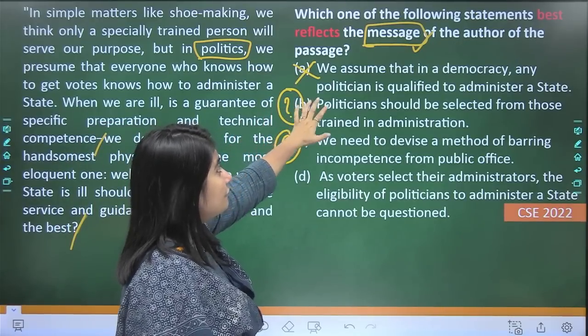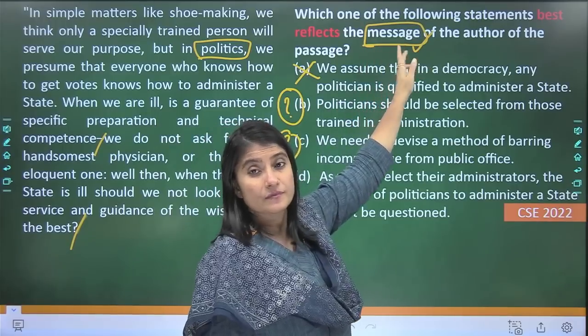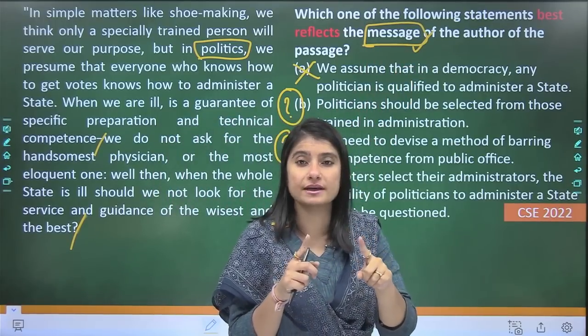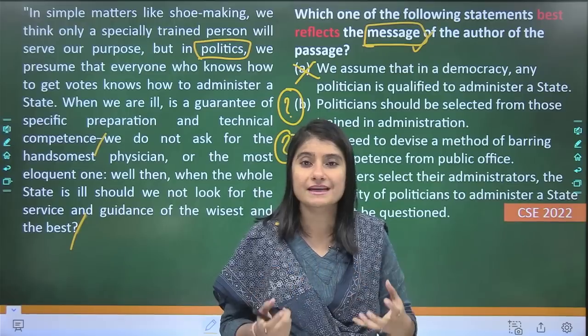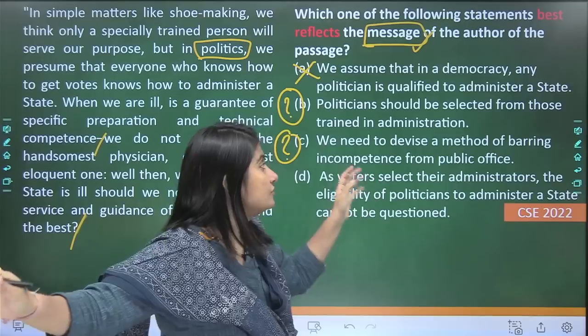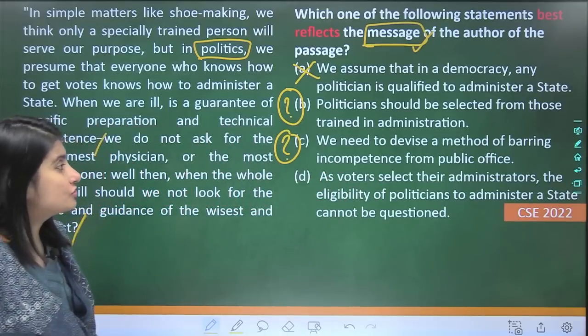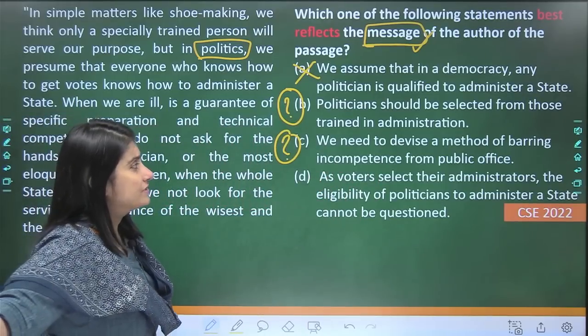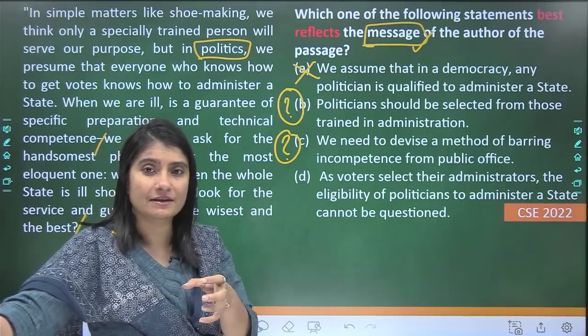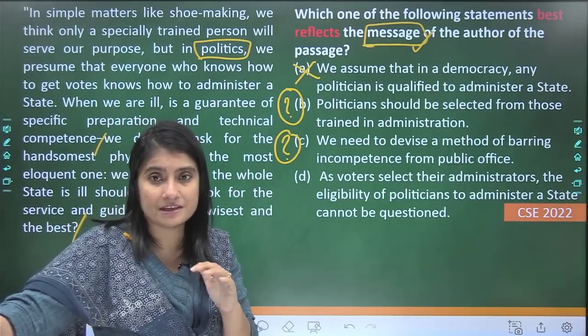Now if the keyword here would be different, the answer would change. But as we discussed, message is something that has a broader meaning, that talks about a larger vision. So politicians should be selected from those trained in administration. This is a very narrow thing, right? That anyone who has a degree in administration only should be taken up as a politician.